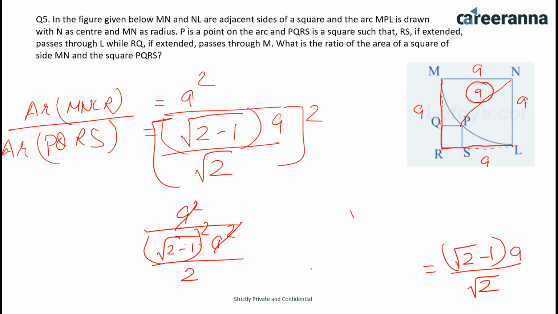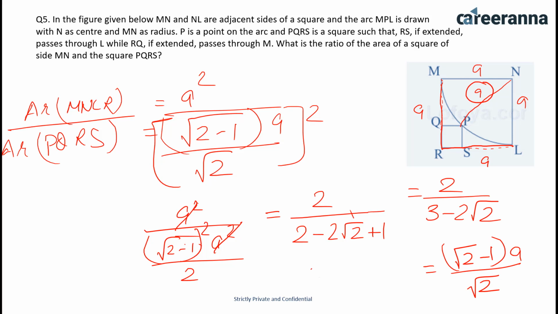This A square and A square get cancelled. This value will become 2 upon 2 minus 2 root 2 plus 1. This turns out to be 2 upon 3 minus 2 root 2. So our ratio comes out to be 2 is to 3 minus 2 root 2. So our answer to this question is 2 is to 3 minus 2 root 2.